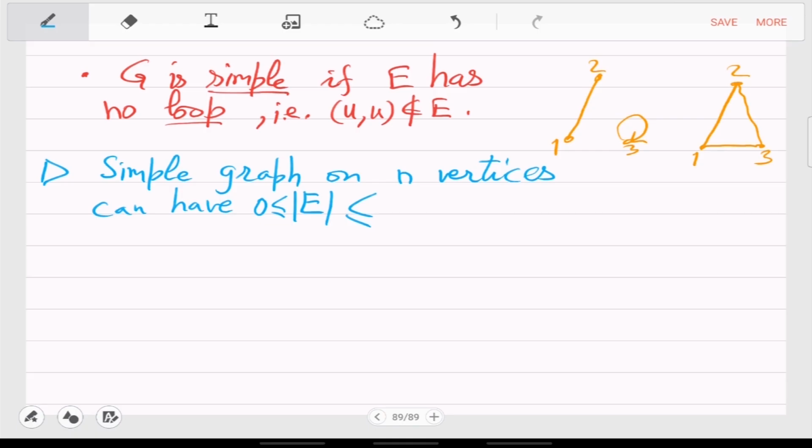I mean, if you have arrows, then yeah, it can be n times n minus 1, right? Or n choose 2 if undirected.